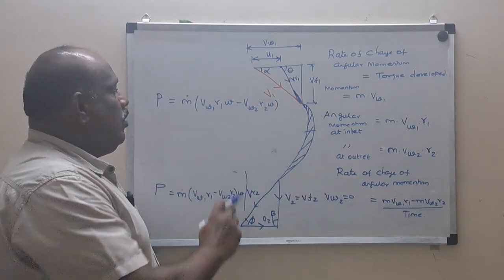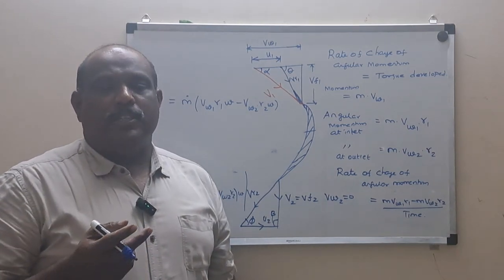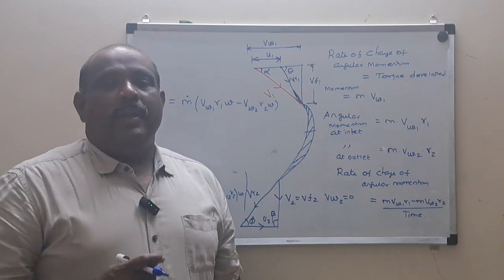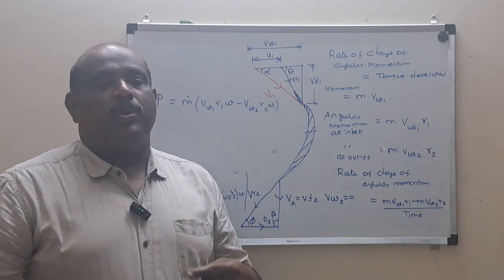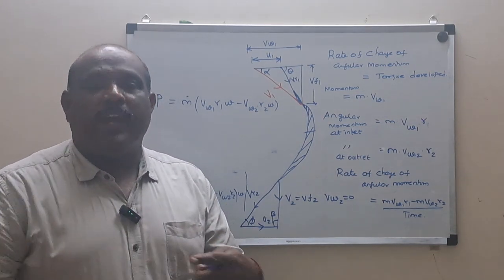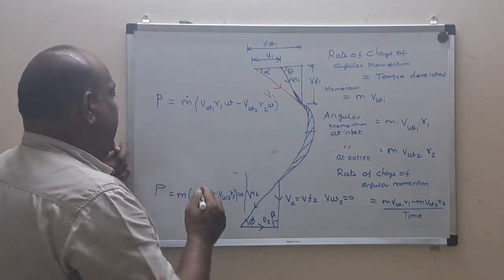Got it? Now what is R omega? Generally we know that V equals R omega, the relationship between the linear velocity and the angular velocity. But here this omega is the angular velocity that makes the blade rotate. So it will result in U1 and U2, because we want the impeller to get rotated because of this whirl component. Yes, I hope you got it.